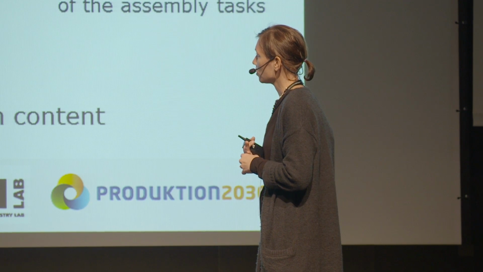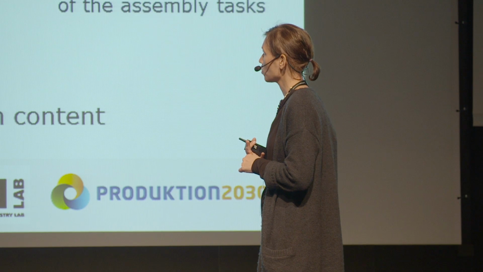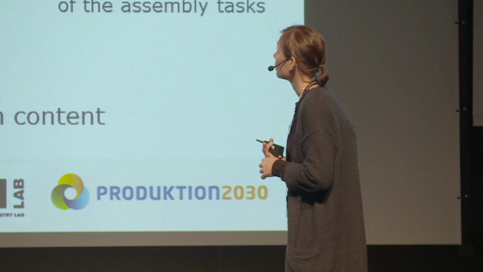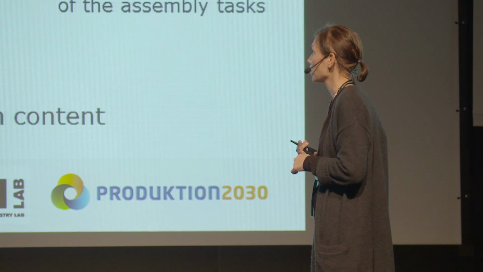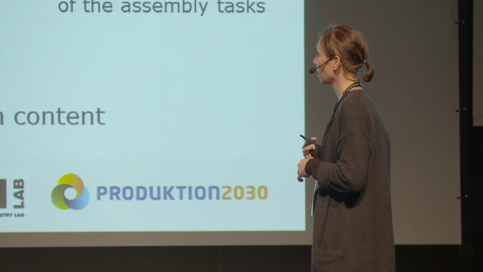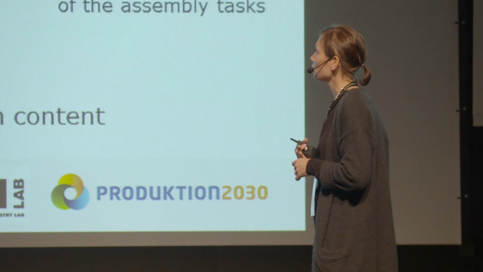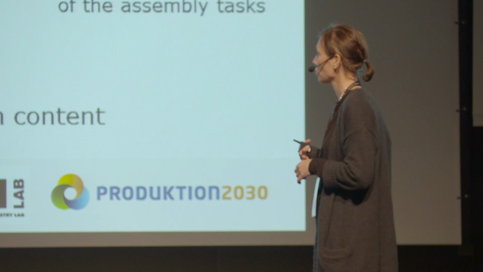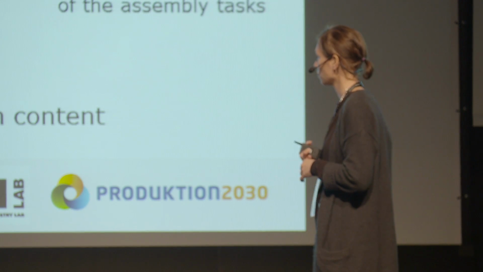And we also want to visualize different types of information instructions to see if it matters what type you have, also regarding quality, cycle time, and those kinds of things. So we call it information carrier and information content.